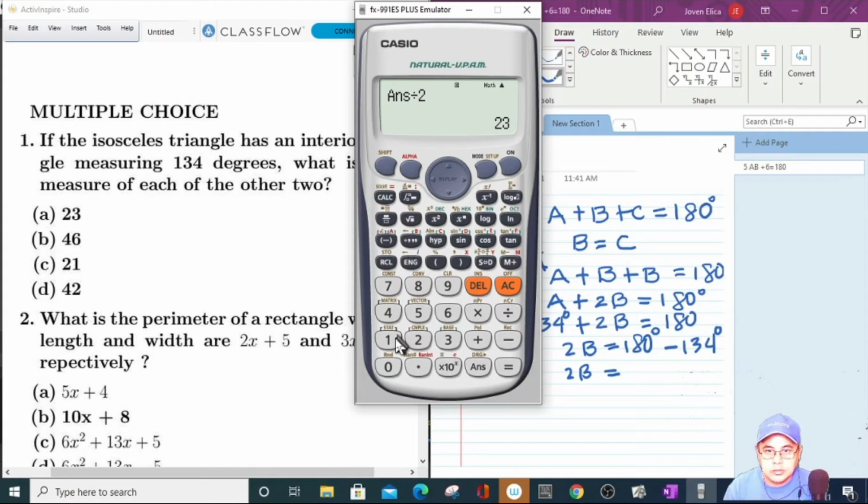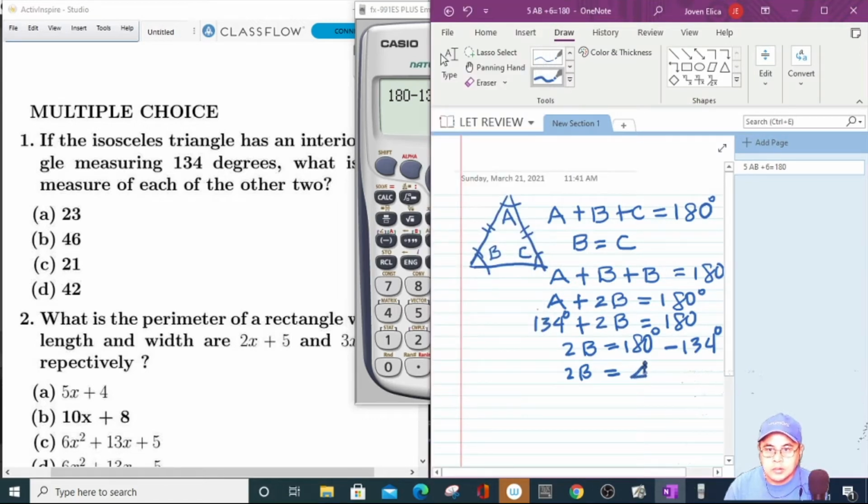We'll use the calculator, just to make sure. 180 minus 134 is equal to 46. And then divide both sides by 2 to get the value of B.